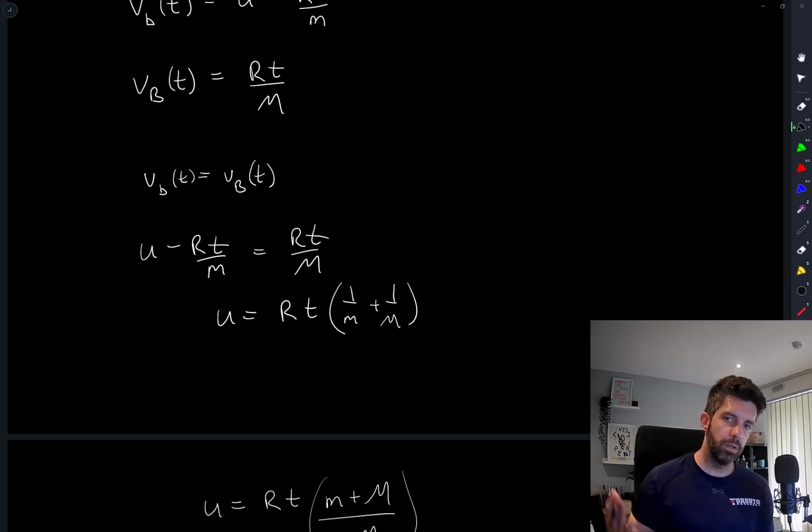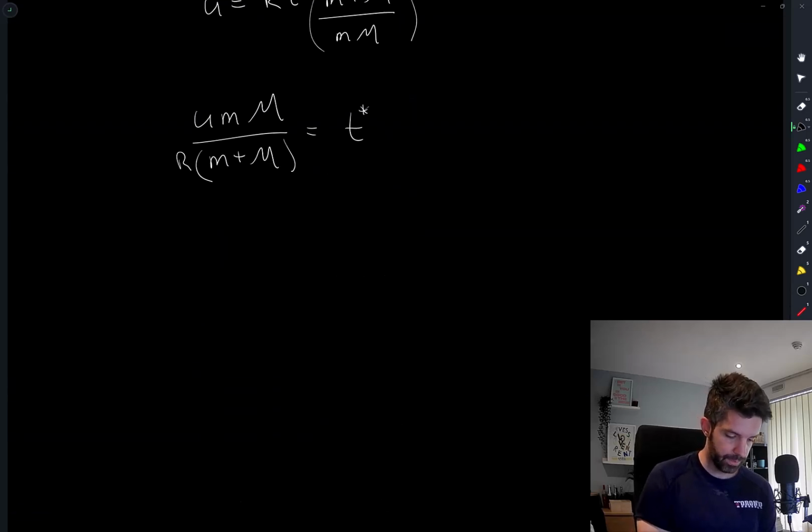Okay, and what I'm going to do is find, in absolute terms, relative to the initial point of entry, how far does the bullet move? How far does the block move? And then we should be able to find how far the bullet moves inside the block.